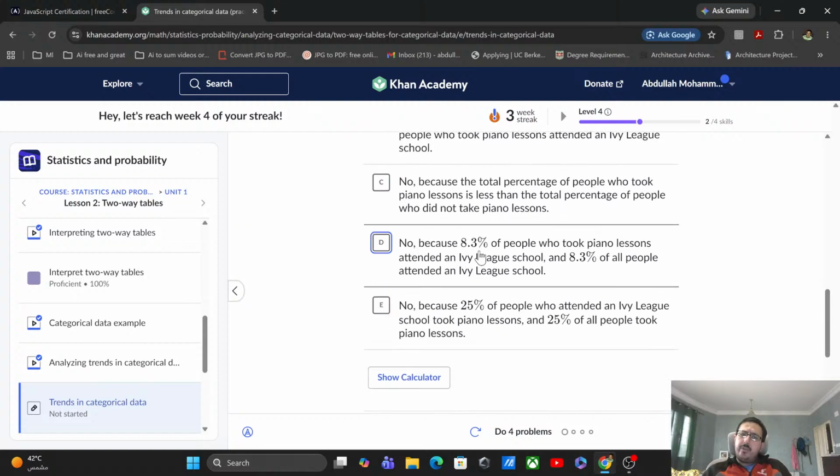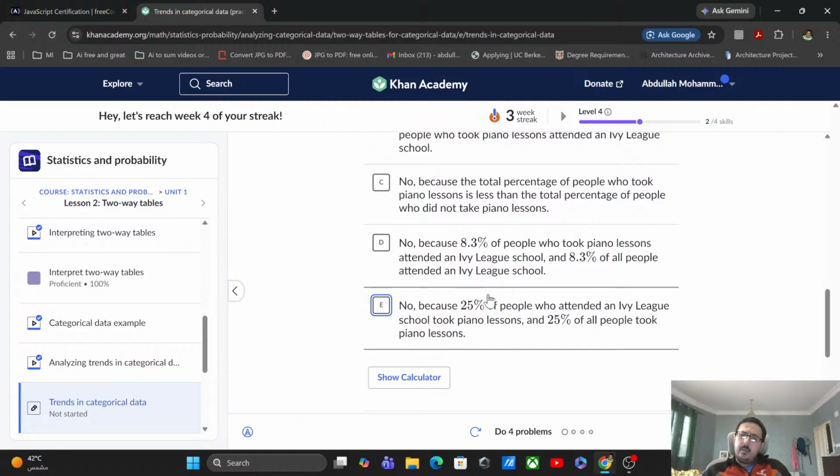No, because 8.3% of people who took piano lessons attended an Ivy school. 8.3% of all people, Ivy school. Wrong. 25% of people who attended an Ivy League school took piano lessons. 25% of all people took piano lessons.